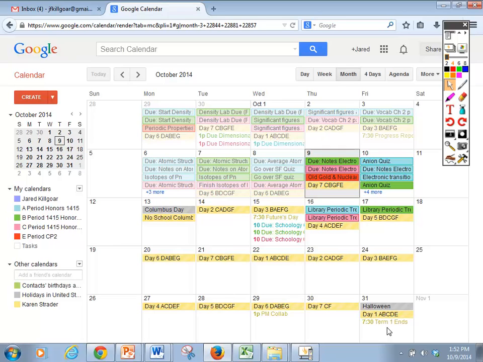The term ends Halloween. So look at this calendar, guys. We meet tomorrow. We meet once next week. So basically, we only have 2 weeks of class left before the term ends.